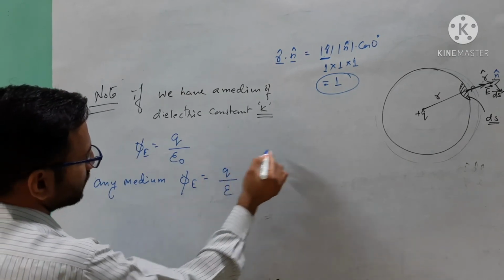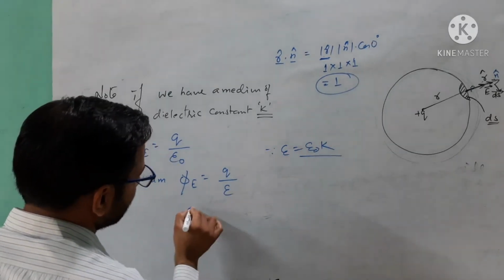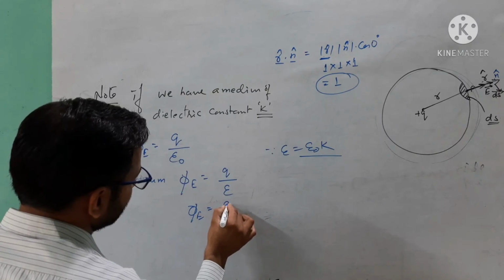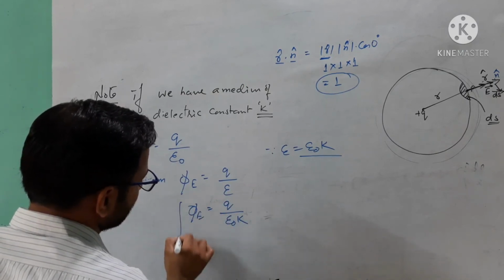In place of epsilon we can write epsilon naught K.